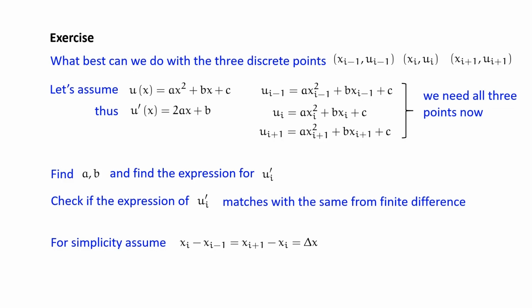It should match. The overall calculation here is slightly complicated. So I suggest that you use a uniform grid, that is x_i minus x_{i-1} equals x_{i+1} minus x_i equals delta x.